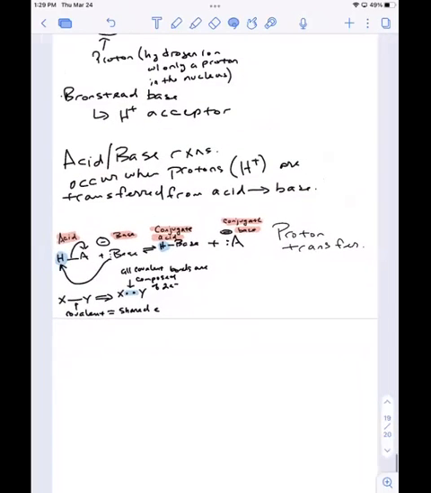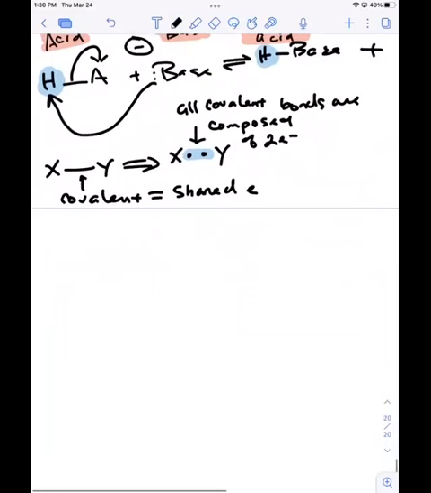So this is a basic proton transfer. This is what happens when you take acids and bases and you react them. All right, so let's talk more about acids. And what we know about acids is a few things.